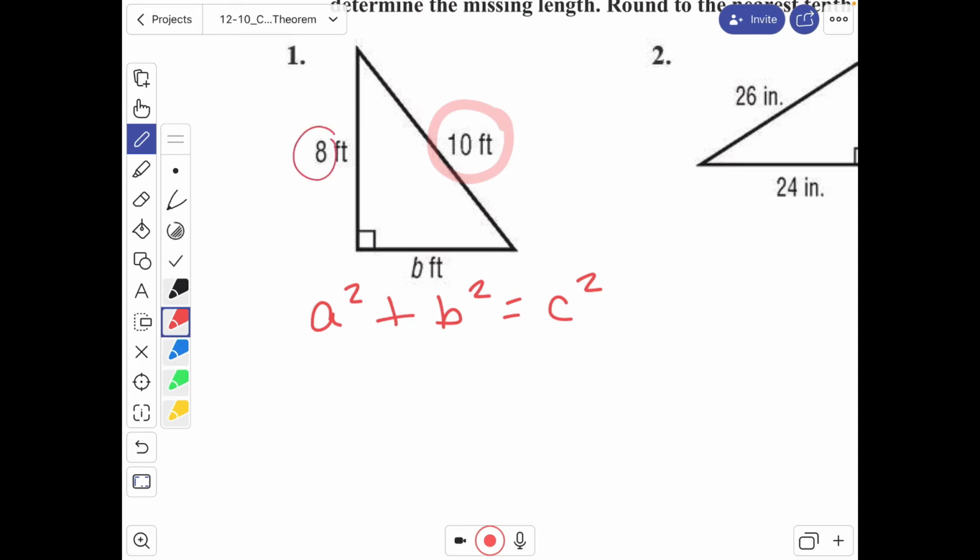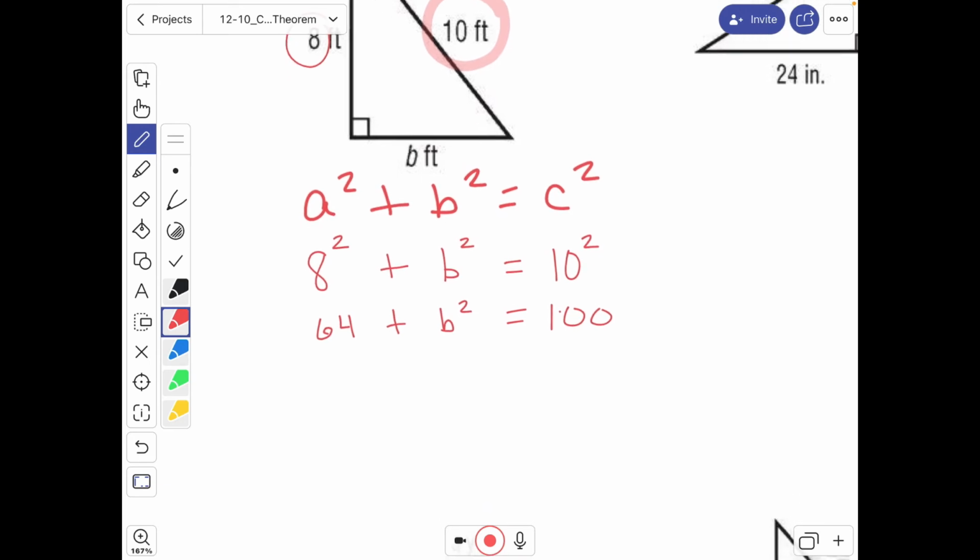This 8 is one of the legs, so it needs to go with either A or B. And then we don't know B, so I'm going to leave him alone. But C is 10, so that's 10 squared. Then we're going to evaluate, so 8 squared would make 64, plus still the B squared. Then 10 squared makes 100.